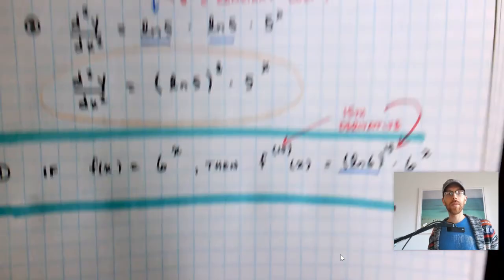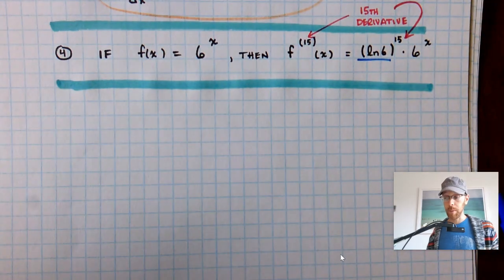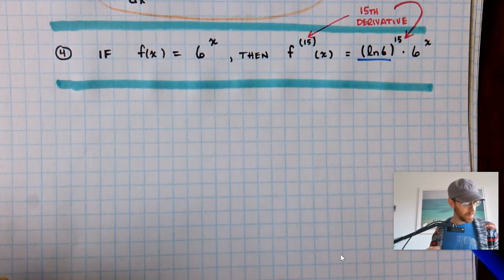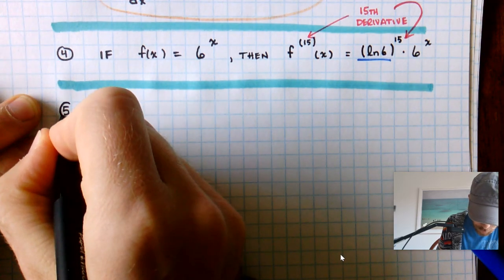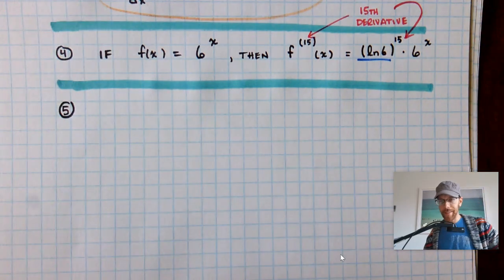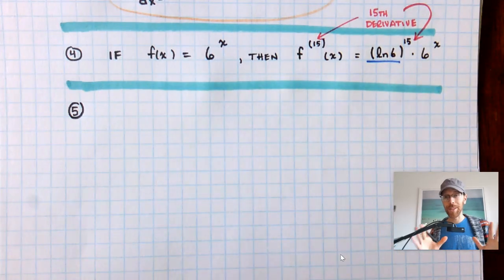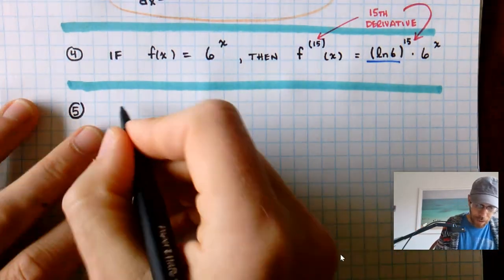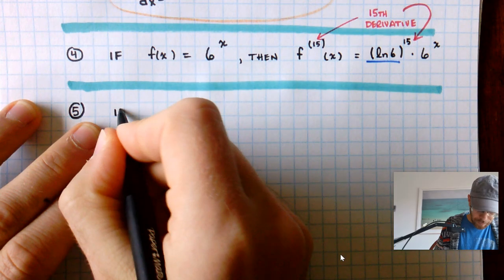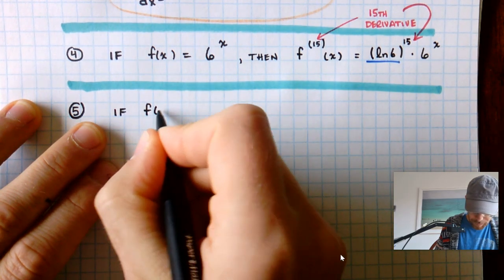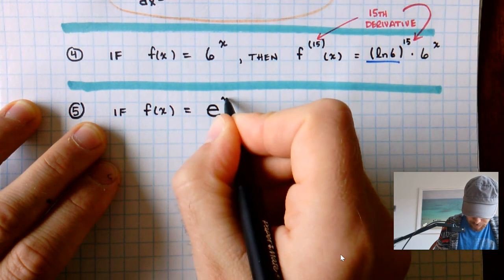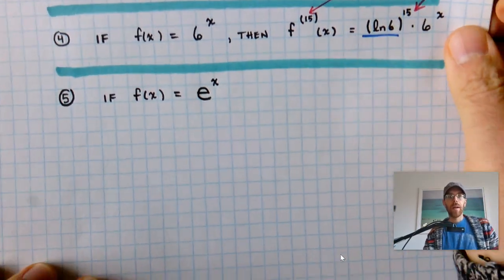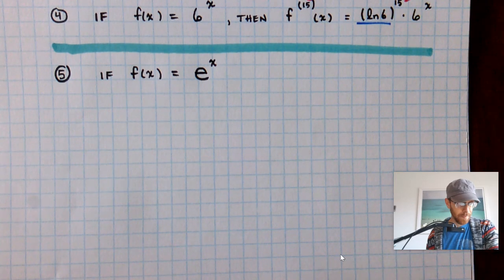This brings us to the moment we've all been waiting for. There are moments in your education where things kind of all come together, and this is one of them. I'm actually being serious. I want to look at this. e to the x.